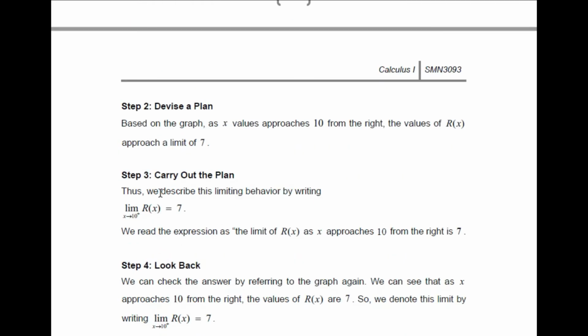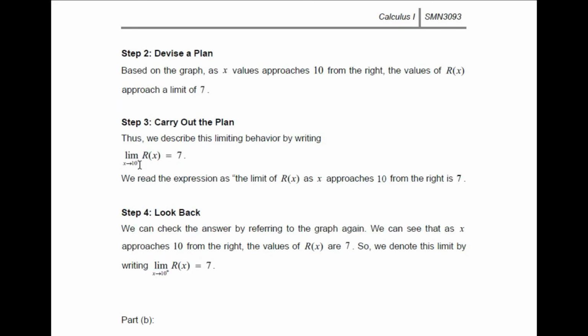So, for step 3, we carry out the plan. Thus, we describe this limiting behavior by writing the limit of R(s) as x approaches 10 from the right is equal to 7. We read the expression as the limit of R(s) as x approaches 10 from the right is 7. So, it is the answer.